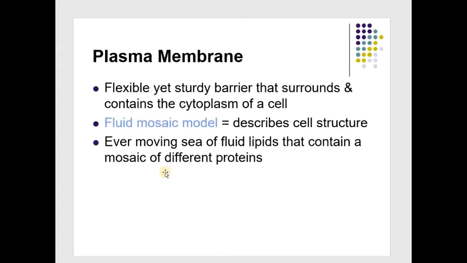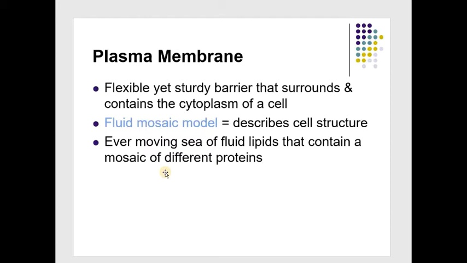Okay, the plasma membrane. It is a flexible and sturdy barrier that surrounds and contains the cytoplasm. So its job is to maintain the inside versus the outside of the cell. It is comprised of what we call a fluid mosaic model.